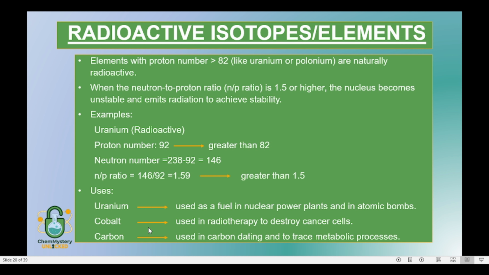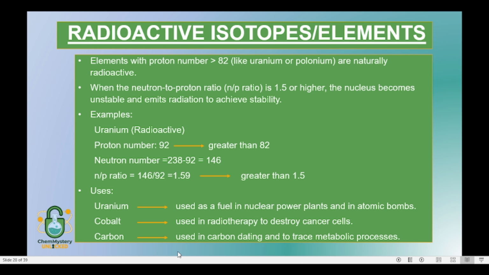Carbon is used in carbon dating and to trace metabolic processes. Carbon is a radioactive isotope used in carbon dating to find the age of old fossils and ancient materials. It is also used as a tracer in the human body to study chemical and metabolic processes.